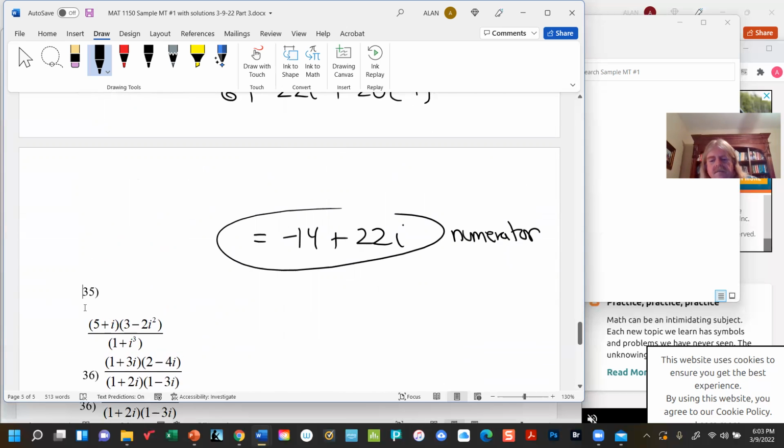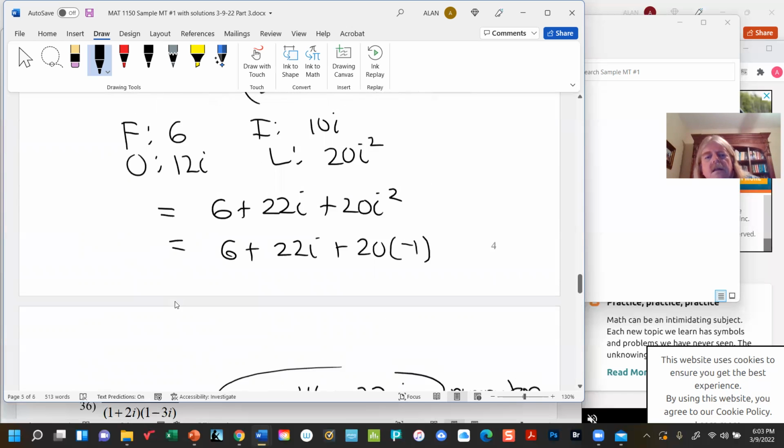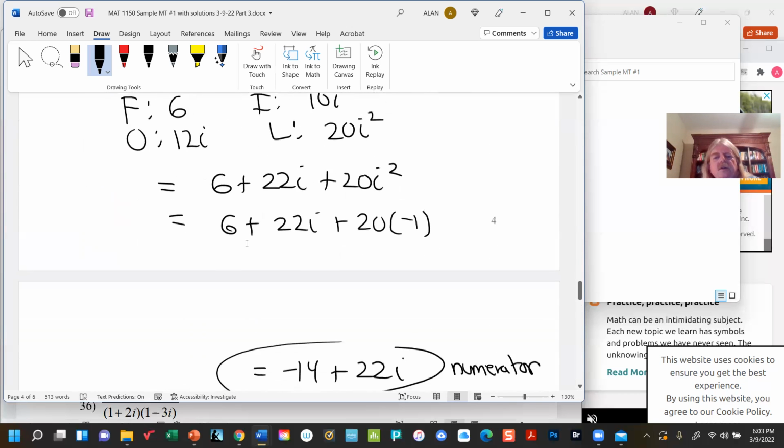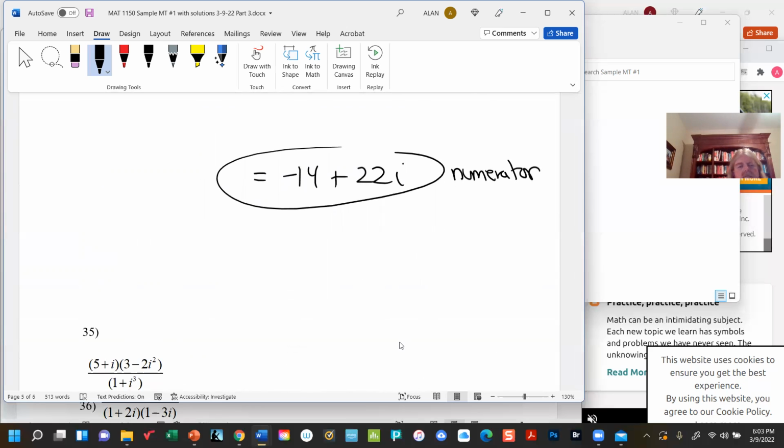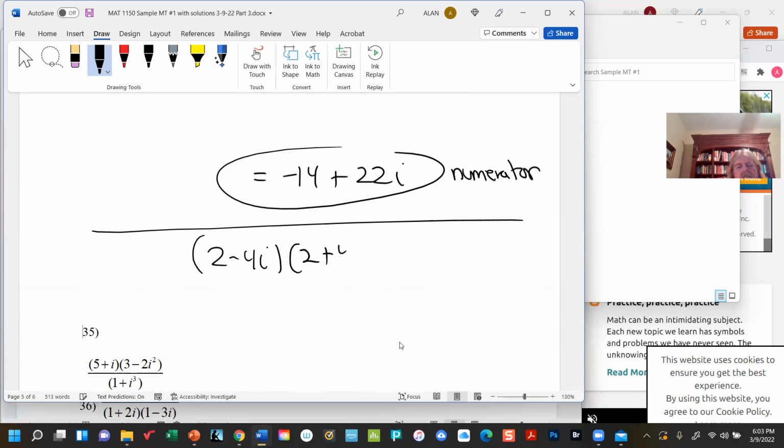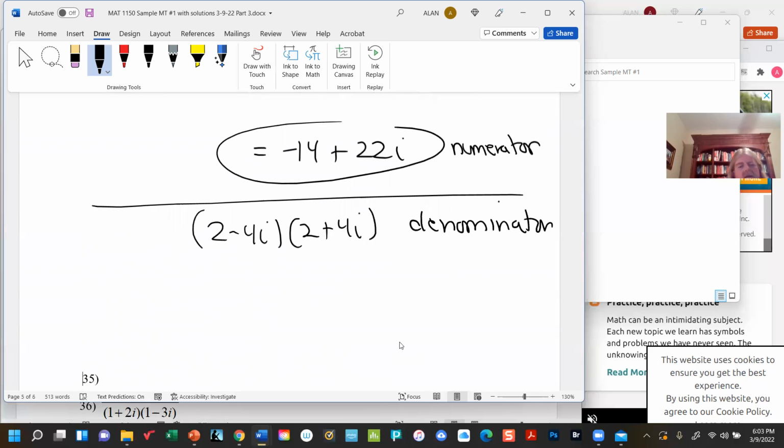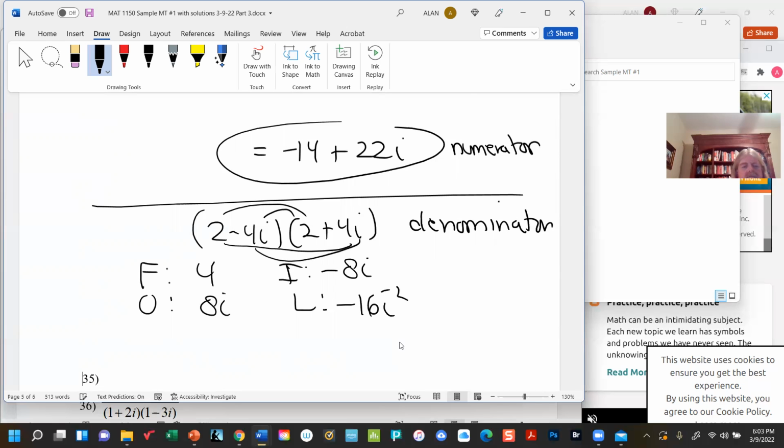All right, hold on. The denominator is right here, 2 minus 4i, 2 plus 4i. All right, so here we go. 4, 8i minus 8i, -16i squared.